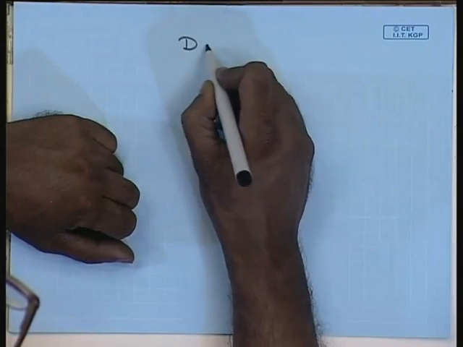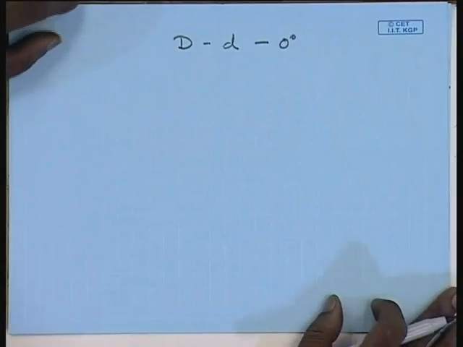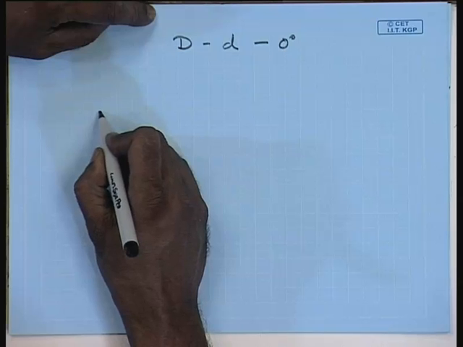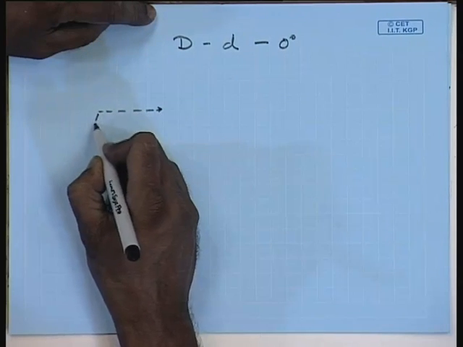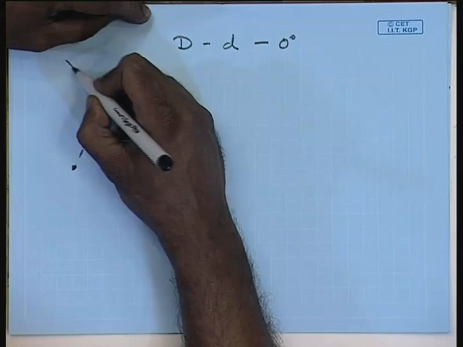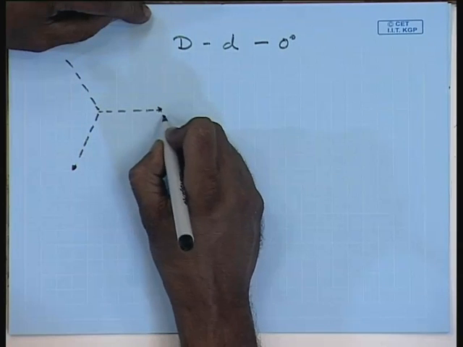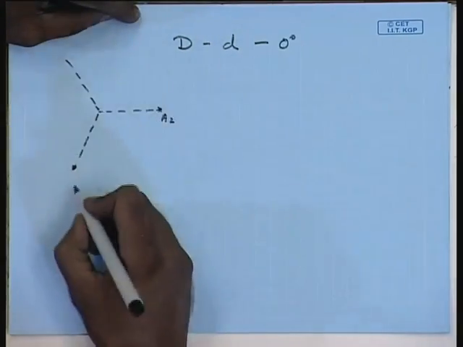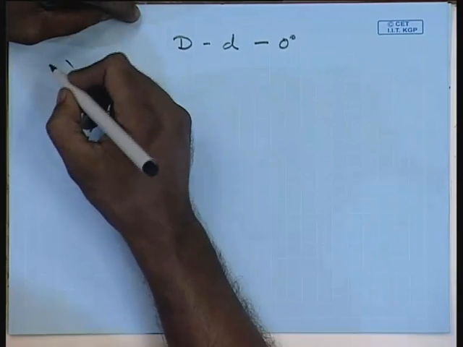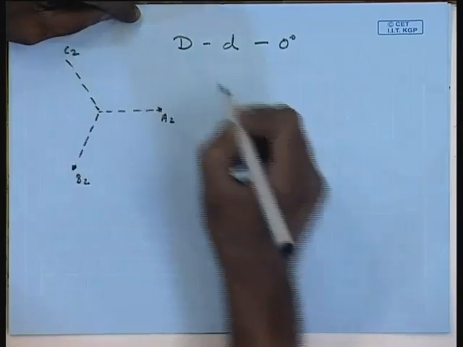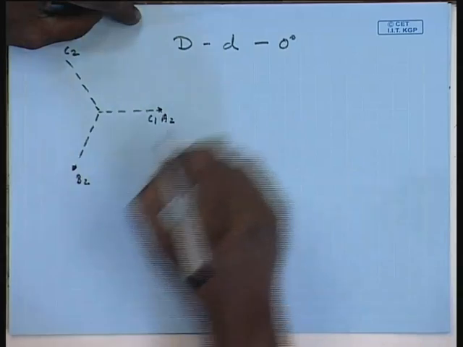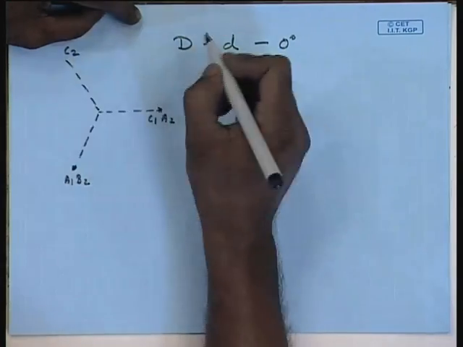Let us see what will be DD 0. A, B, C, A2, B2, C2, this is C1 also, this is A1 and this is B1.